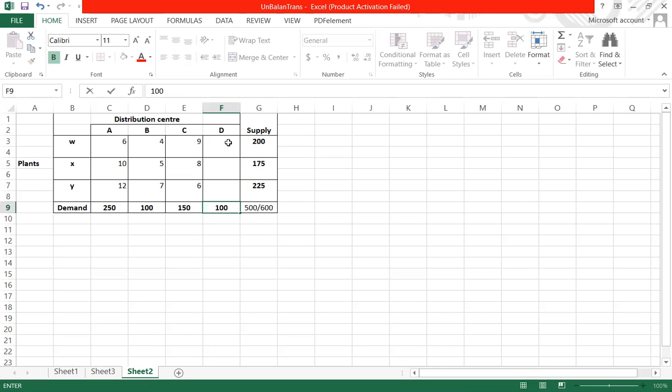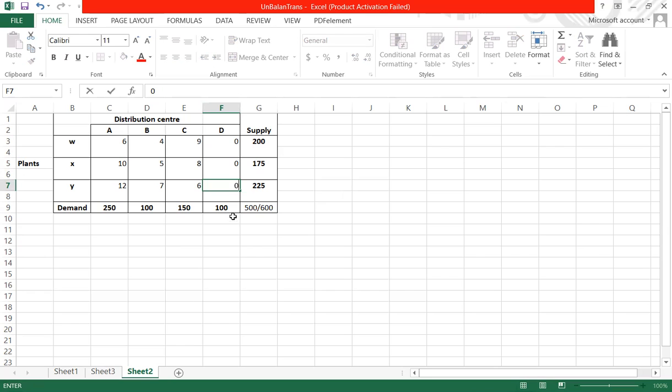After adding this, the transportation cost from different plants to this distribution center will be taken as 0, because this is a dummy. It does not exist in real life. We have introduced this to make this problem solvable by the methods that we have discussed till now.